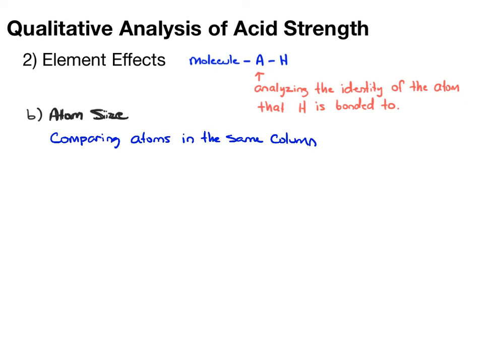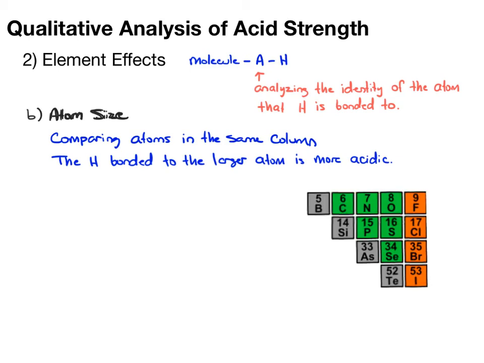What we find here is that the hydrogen bonded to the larger atom is more acidic. Again, let's look at a cutout from the periodic table. As you go down the periodic table, you're increasing atom size.